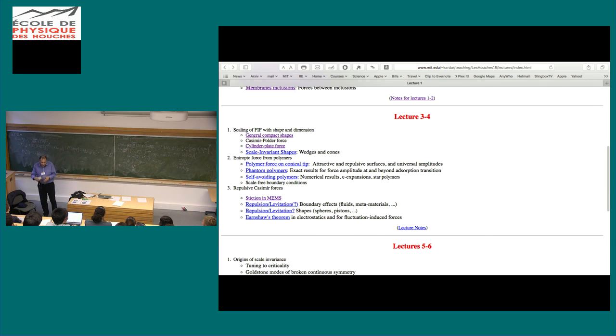However, there are many, many more examples of fluctuation induced forces which are short range. The most important one in the active matter community is probably the depletion forces. And there, the range of the force is the size of the depletant. And so you can see immediately how non-universal it is, how it depends on shape and things like that.